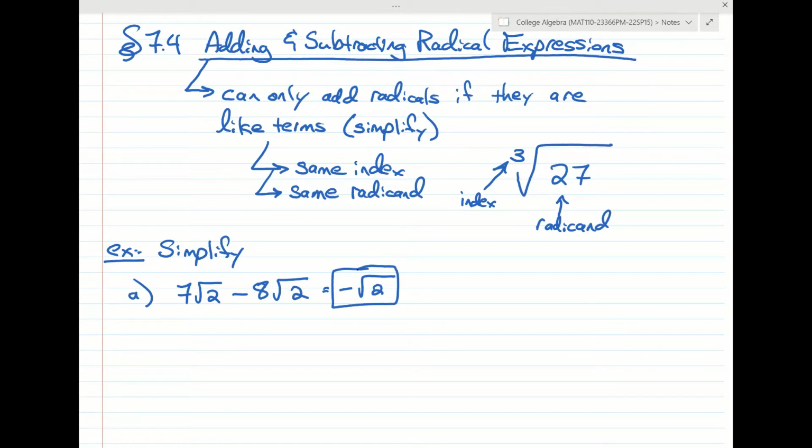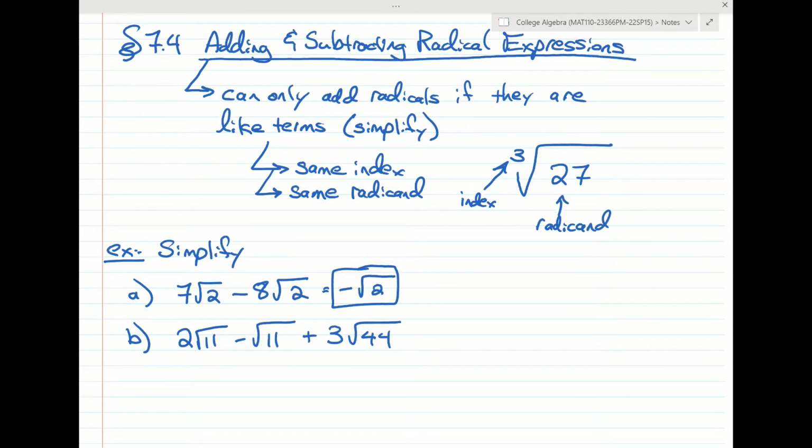All right. For our next example, what if we had 2 root 11 minus root 11 plus 3 times the square root of 44? Now this one's a little bit different because they don't all have the same radicand.